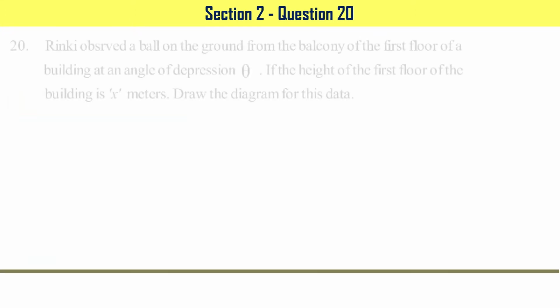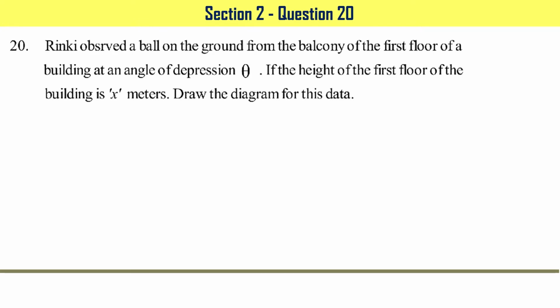Question number 20. Rinki observed a ball on the ground from the balcony of first floor of a building at an angle of depression theta. If the height of the first floor of the building is x meters, draw the diagram for this data. So Rinki observed the ball on the ground from balcony of first floor of a building, right?